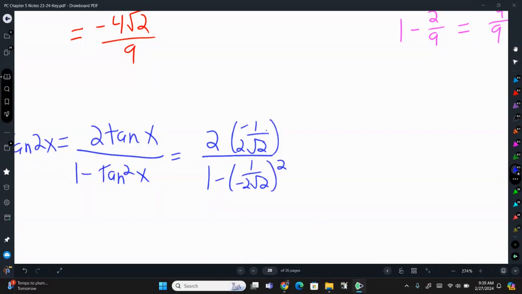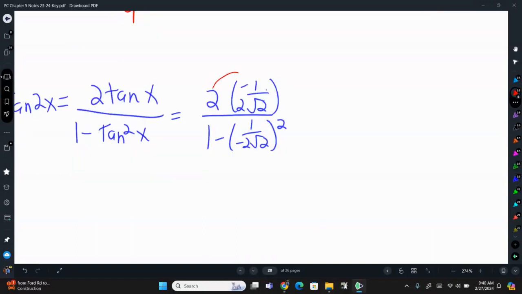squared. So when I multiply the 2 in, remember it just goes to the top, so they would cancel with that 2. So it's going to be negative 1 over the square root of 2 over 1 minus, well, remember this 2 is not multiplying 2, it's squaring 2.